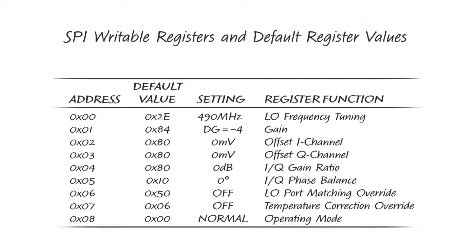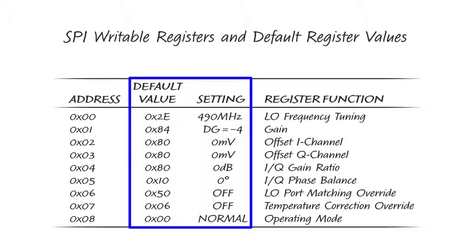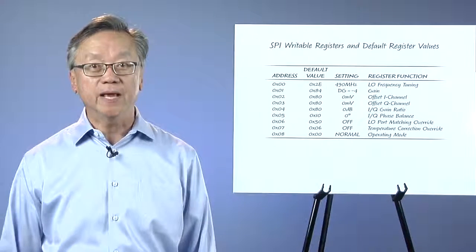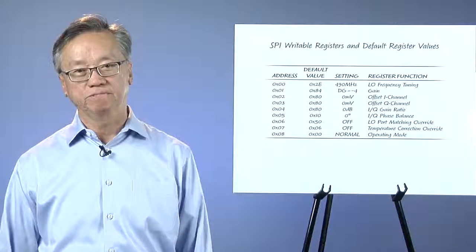Note that all registers have default values, which are automatically set when the device powers up. In the default state, the modulator is fully operational, but may not be at its optimum performance level.